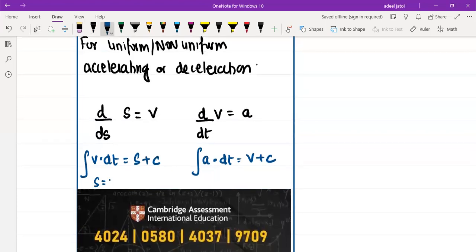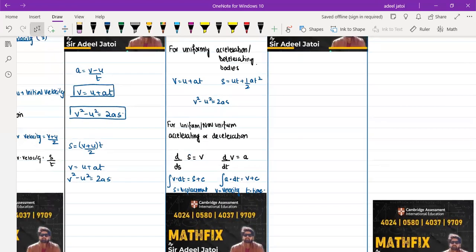So s is displacement, v is velocity, t is time, and a is acceleration.